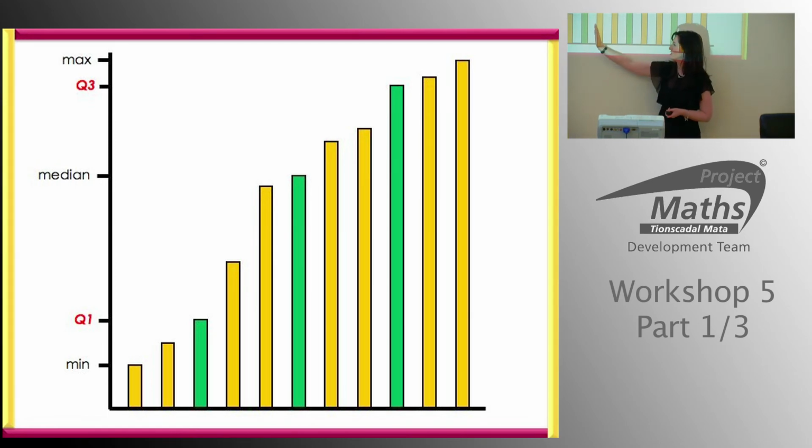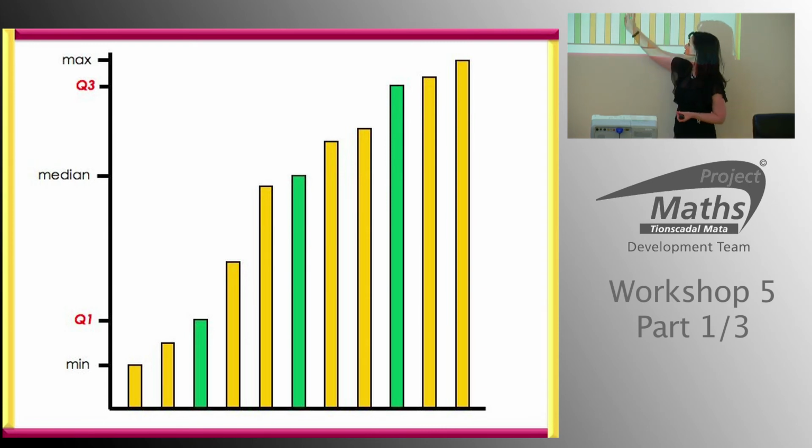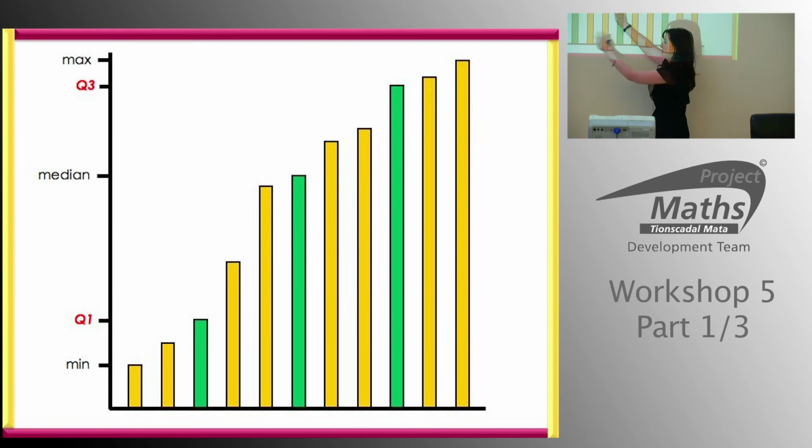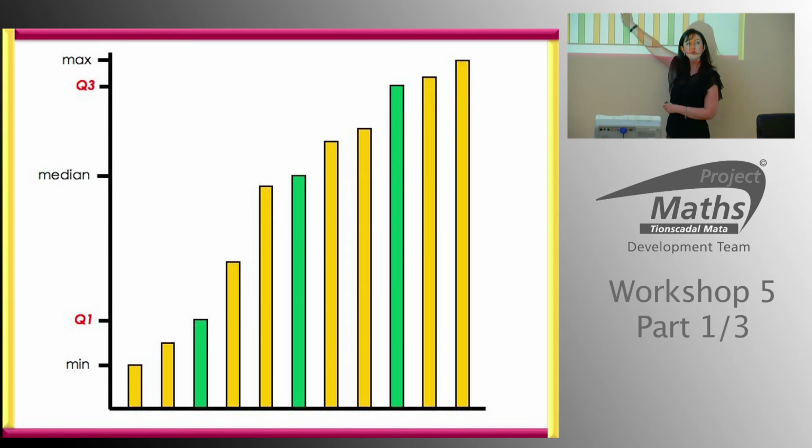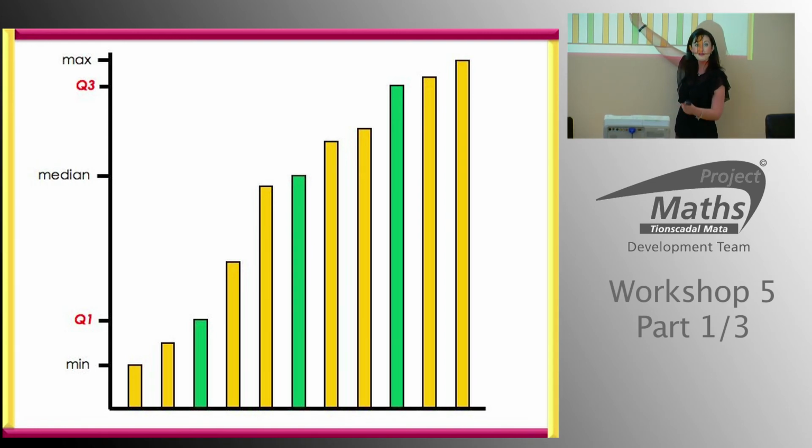The middle of those 6 will be here. Or another school of thought is just some people exclude the median and say, that's my median, so what I've got left on this side is 1, 2, 3, 4, 5, so that one will be my middle one. Okay, both are okay. So whatever one the kids find easiest.